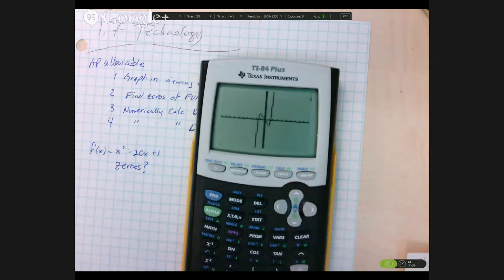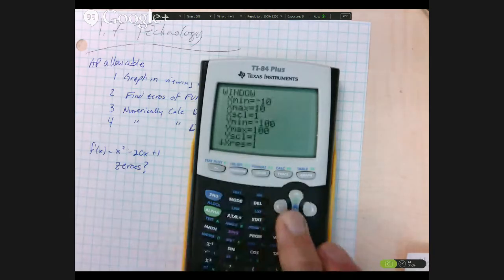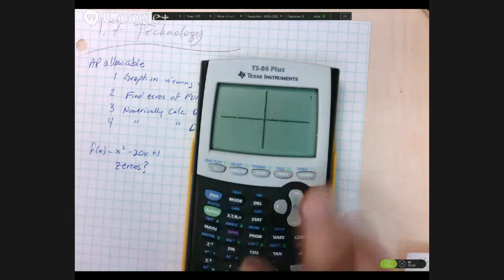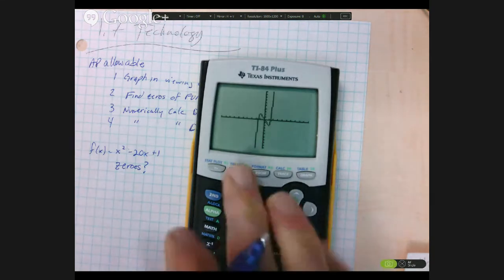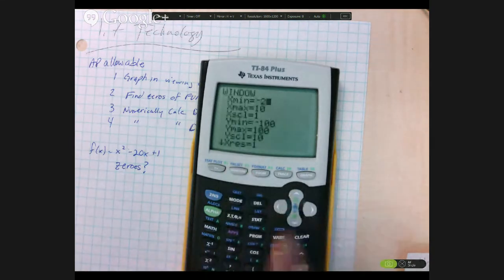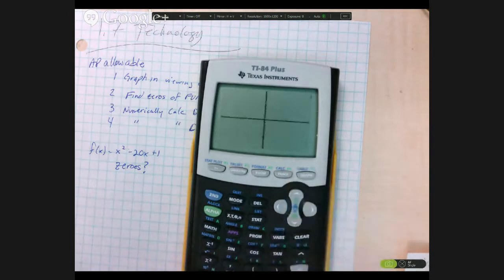That's easier. Now I can also adjust the x's. Let's try negative 2 and 2. All right, so we get approximate zeros.